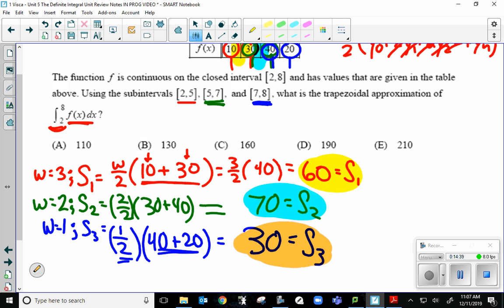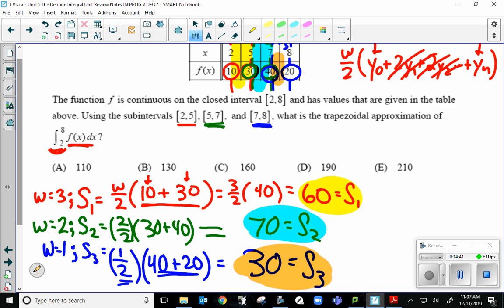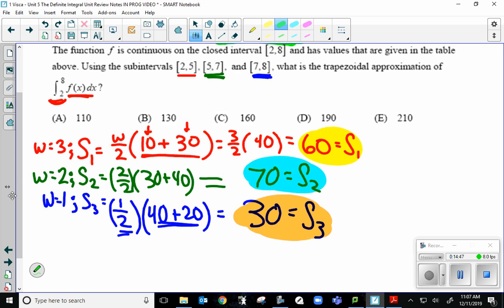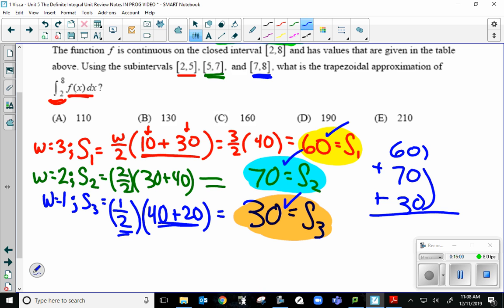If that's 30, that's the area here. But I want all of this area together. So I've got to add them all up. All right? So I have 60 plus 70 plus 30. That's 100 plus 60, 160.